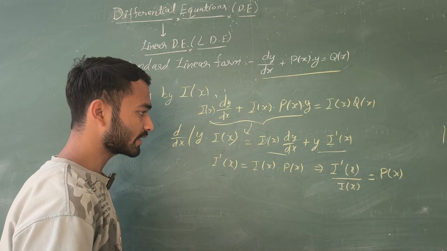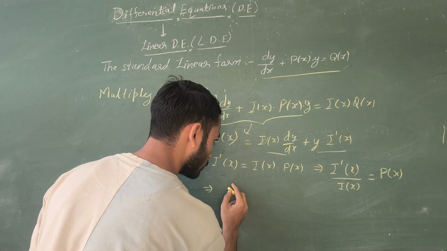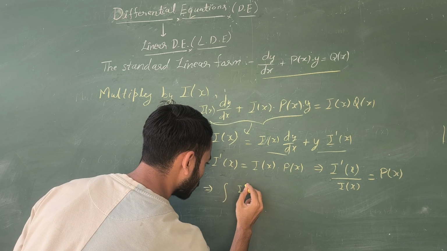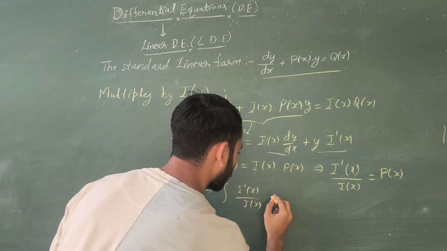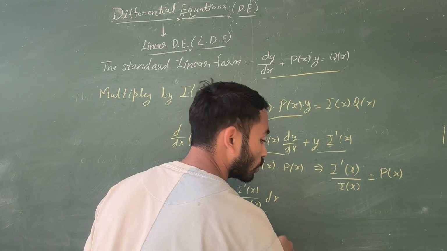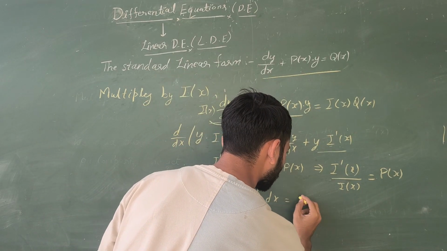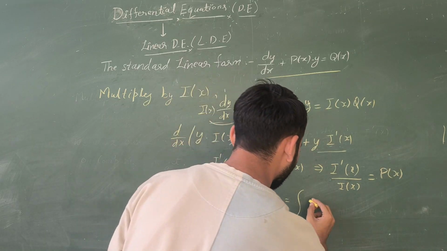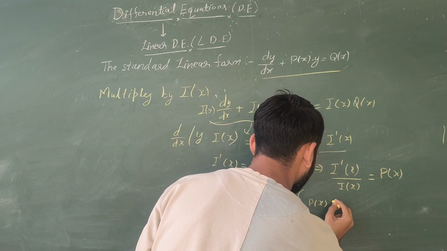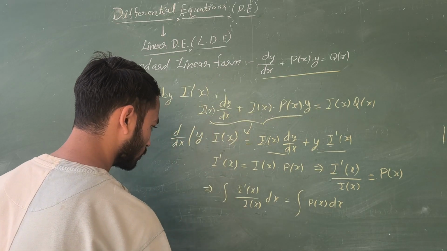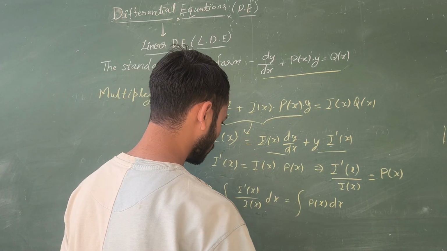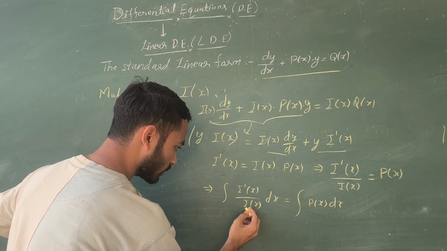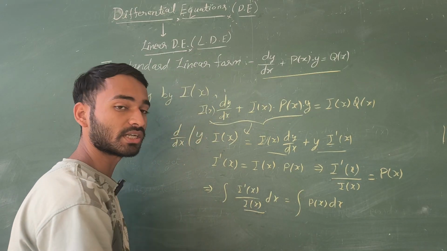Now if we integrate both sides, integrate I'(x) by I(x) dx, of course with respect to x, equals integrate P(x) dx. What do we get from here? Say we can take I(x) to be t.